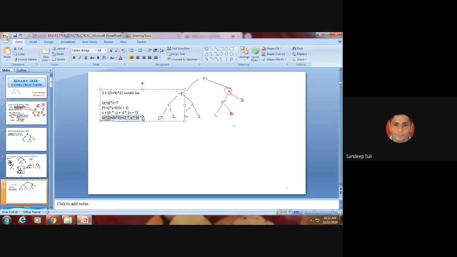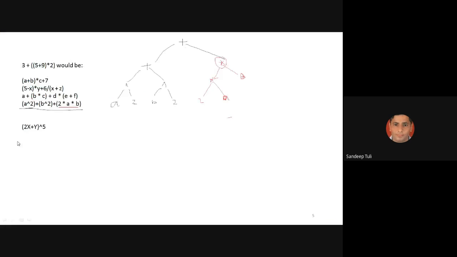तो ऐसे कुछ एग्जांपल और हैं। मैं एक एग्जांपल लेता हूँ आपके जो कि आया भी हुआ एग्जाम में। 2x plus y to the power 5. Draw the tree for that. Yes. Who can solve it? It will be sir 2 star x.